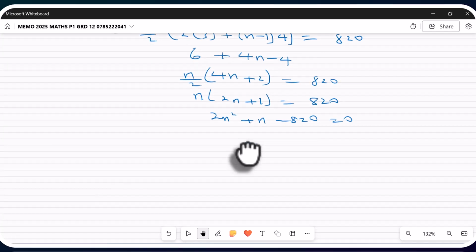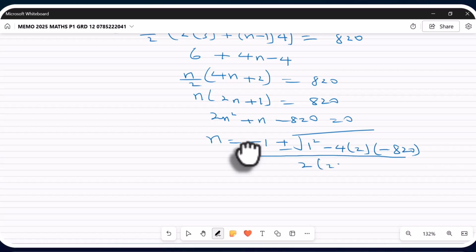Now this 20 is helping me to know the value of k, which means that to get the 820, they added the first 20 terms, and beyond the 20 terms, we start from 21. So my k should be 21. So the value of k should be 21.